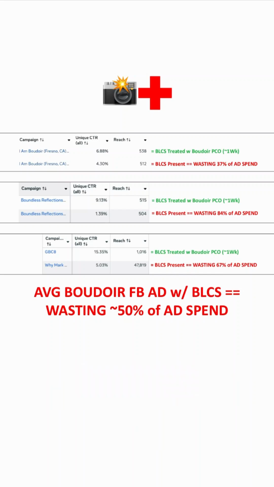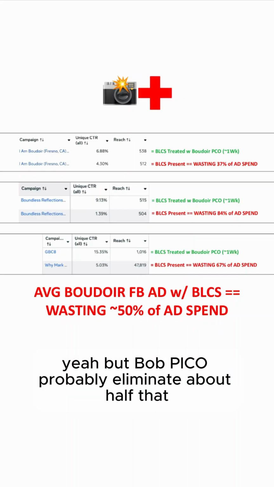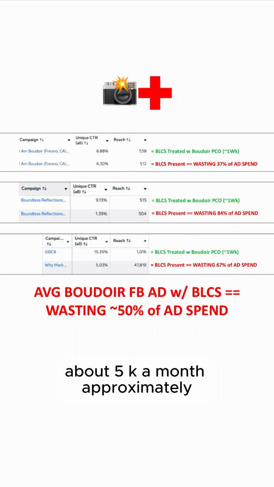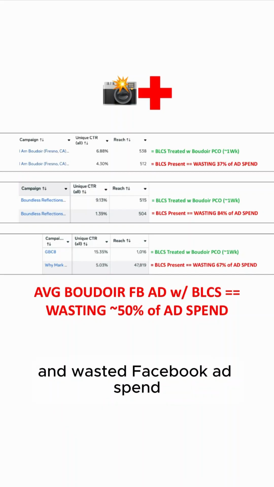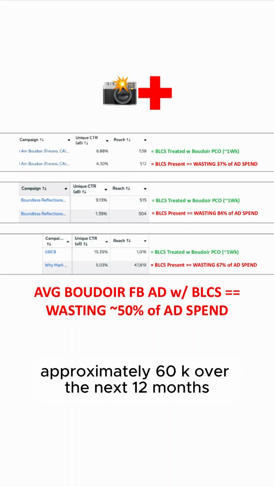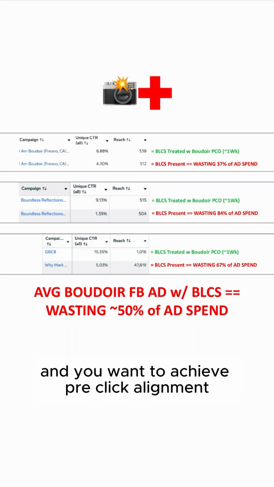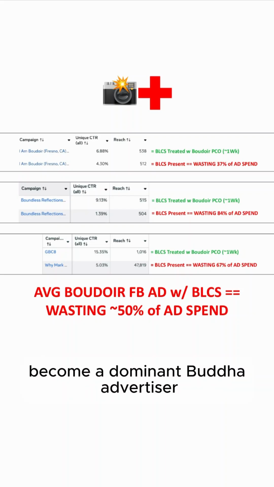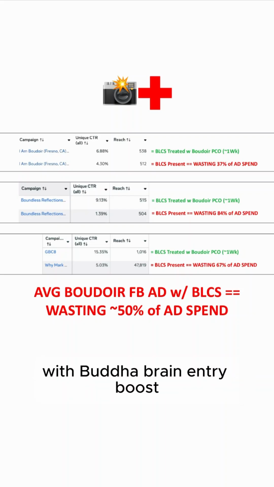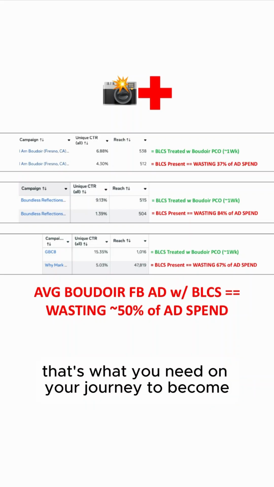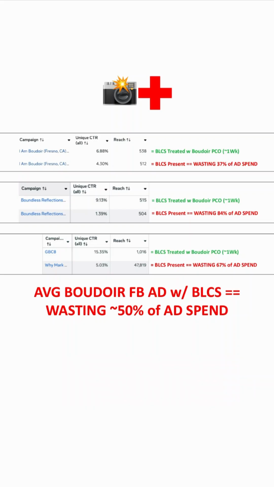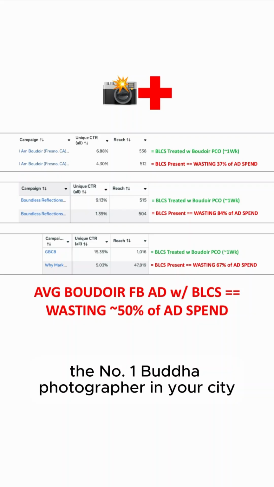So on average, Boudoir Pico probably eliminates about half that, about 5K a month approximately in wasted Facebook ad spend. Put that back into your pocket. You don't have to spend it anymore. Approximately 60K over the next 12 months. And you want that, and you want to achieve pre-click alignment, become a dominant Boudoir advertiser with Boudoir Brain Entry Boost, because that's what you need on your journey to become the number one boudoir photographer in your city.